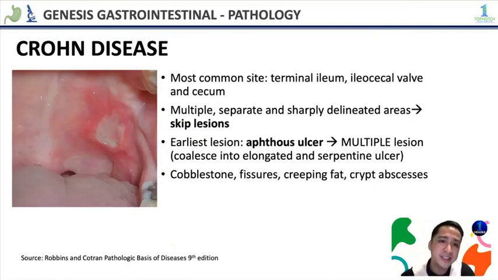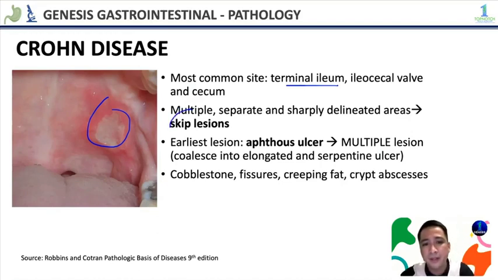In Crohn's disease, usually it begins with an aphthous ulcer. The most common site, take note, is the terminal ileum and the cecum, with multiple separate and sharply demarcated lesions. We have the skip lesions.